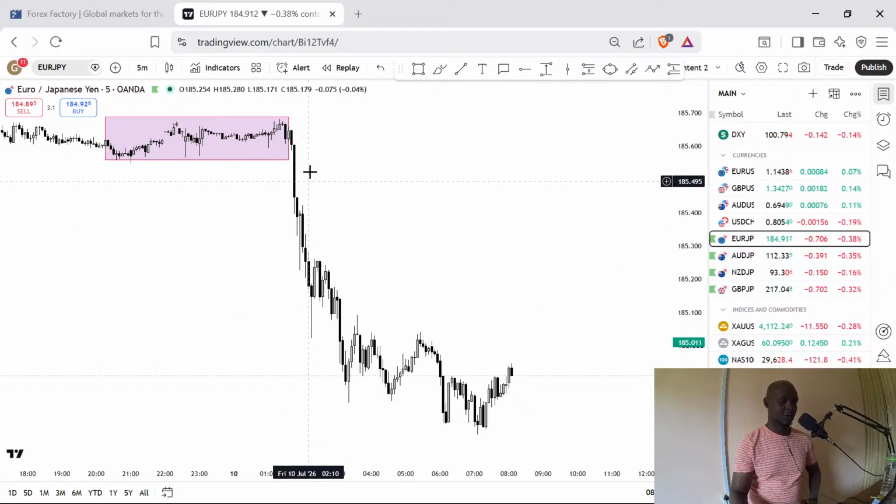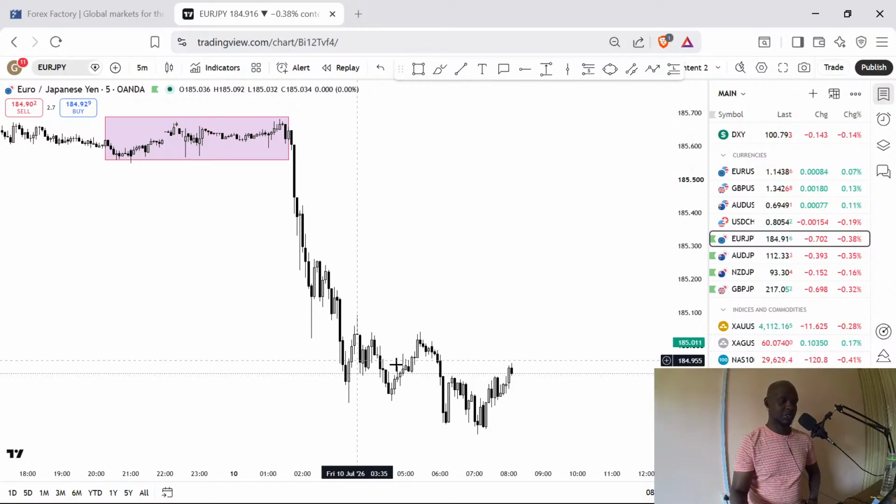Though price pushed lower, you can see this is a trending market, and this was during the Asian session until 3:25. After 3:25, we started to break the low and retrace, because this was the pivot low I was looking at.